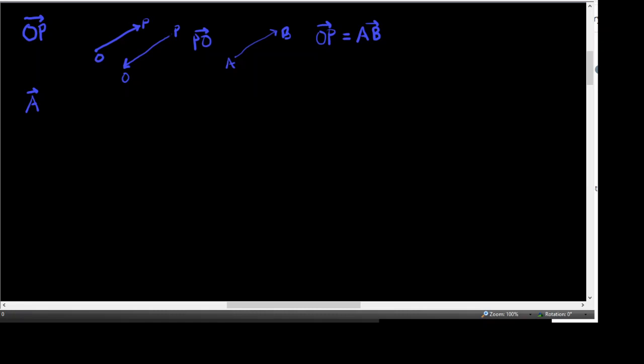If we have a vector A, let's say it looks like this, and a vector B, and let's say it looks like this. If I wanted to add vector A, by the way, we still have that arrow over the name of the vector to show that it's a vector. Over B, I should have the arrow as well. So vector A plus vector B.